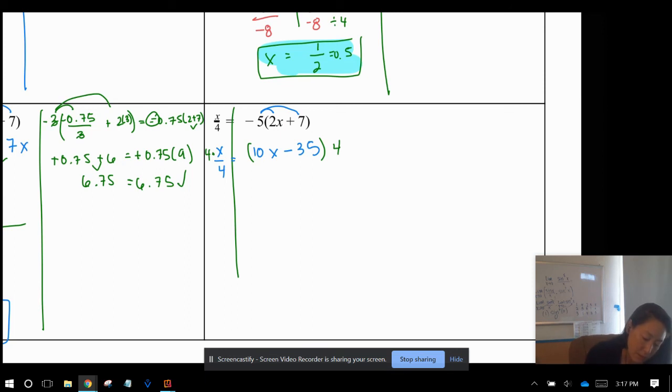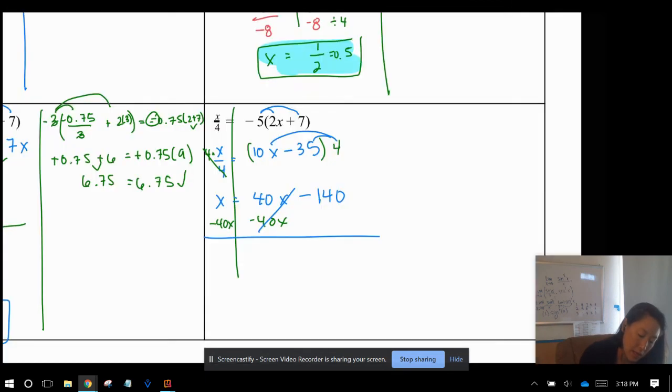Okay, so 4 times 1/4 is 1. So I get x is equal to 40x minus 35 times 4 is 140. Okay, let's move our x's together. So I'm going to subtract 40x from both sides.